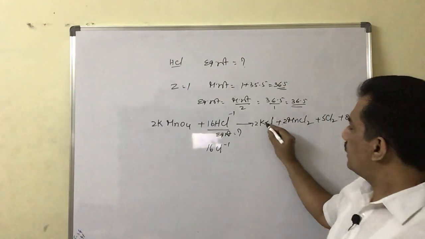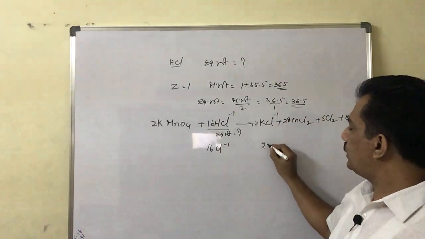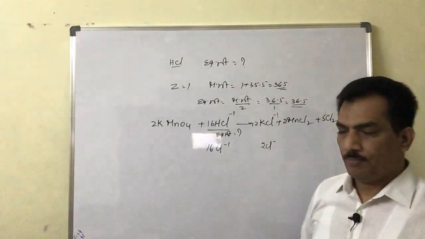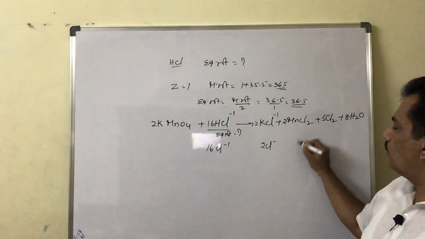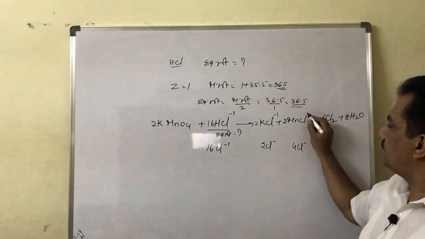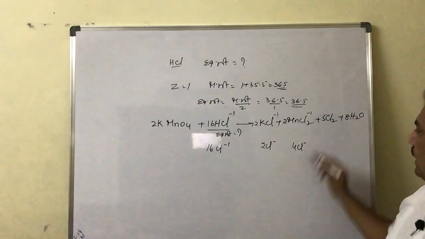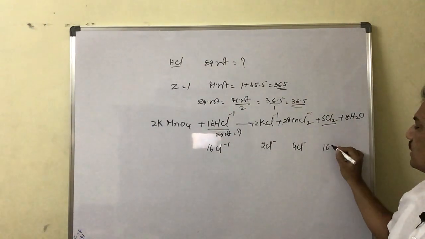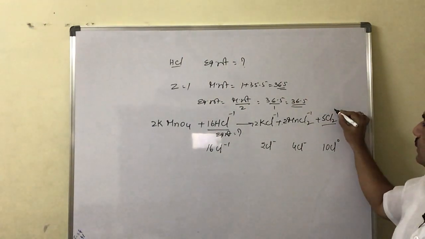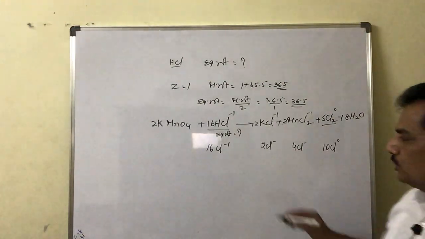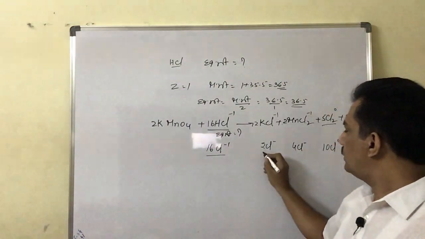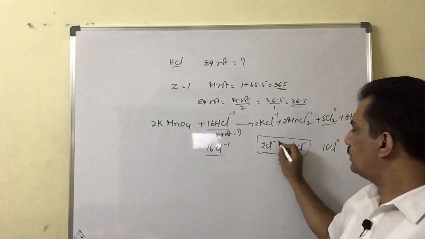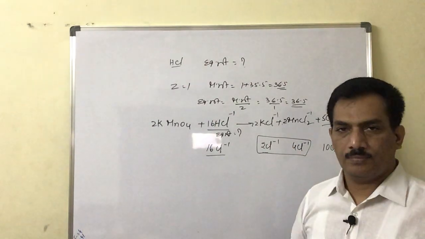And then here KCl has Cl minus, 2 Cl minus present. And here 2 into 2, 4 Cl minus present. But here 10 chlorines are with 0 oxidation state. Just observe: out of 16, 6 are retaining their oxidation state of -1.